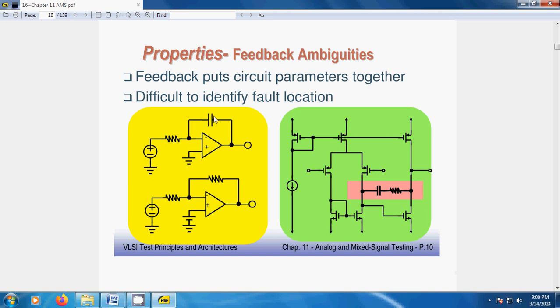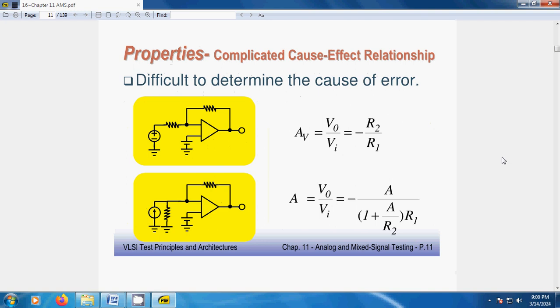Next, complicated cause-effect relationship. We have different modes of circuits in analog: voltage mode, current mode, and switched capacitance mode. For a single type of circuit, if the source is voltage, you have a different set of equations.